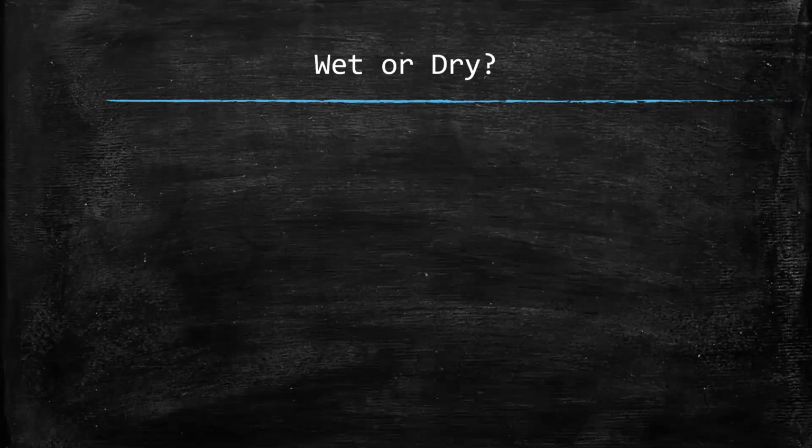All right. One decision we have to make when we see a patient is to assess their volume status. Are they fluid overloaded? Are they dry? Are they euvolemic? Most of the time, this is a pretty straightforward analysis to make. But every once in a while, it can be really, really difficult.